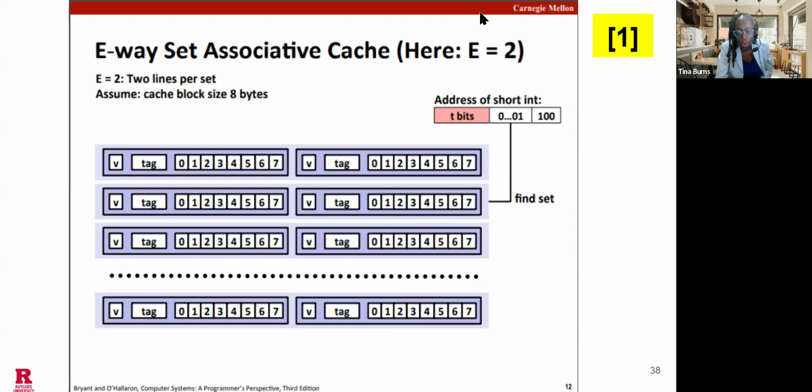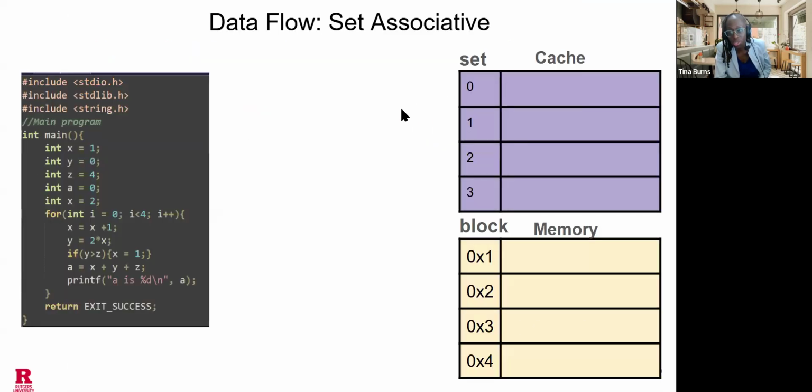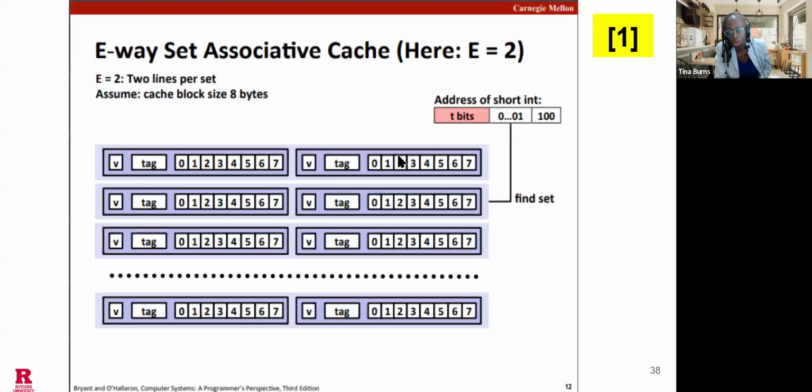But notice how now I have 2 sets, or it's telling me that I have 2 lines per set. So I can search both of these at once. Before I had just 1 line, but now I can go ahead and search both of these lines each time I go through this particular item.